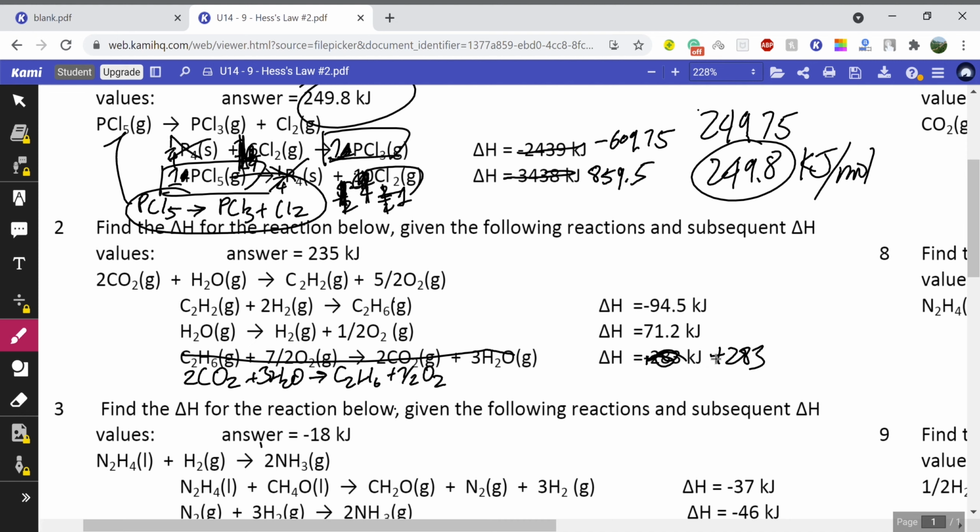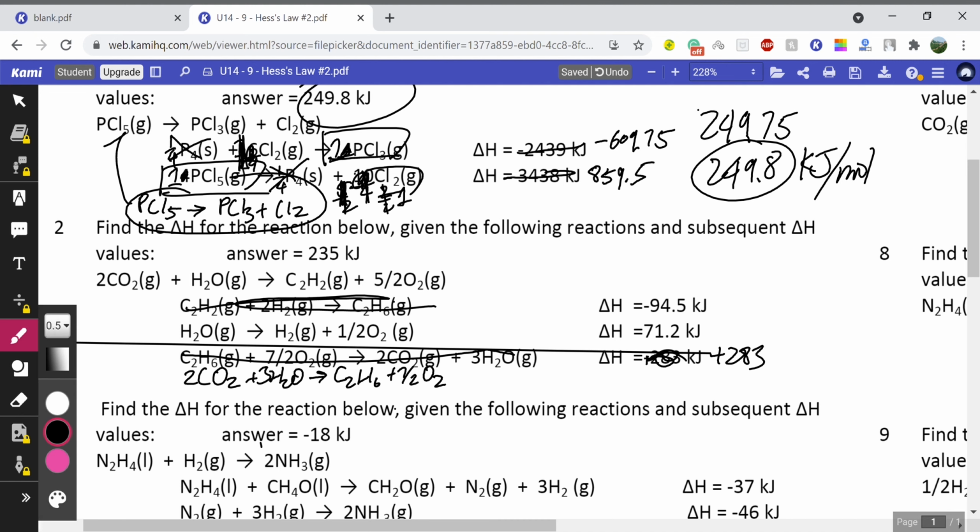Now C2H2 is also on the right side. Over here, it is on the left side, so we have to reverse this reaction as well. When this reaction gets reversed, this one becomes a positive as well. So positive 94.5, positive 94.5. Over here, this will be C2H6 plus 2H2 makes C2H2.